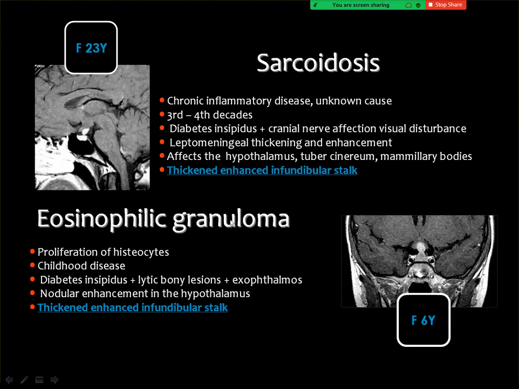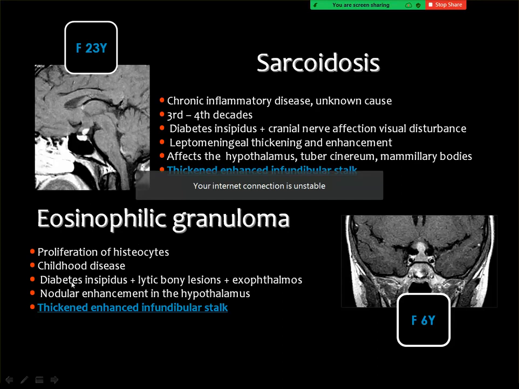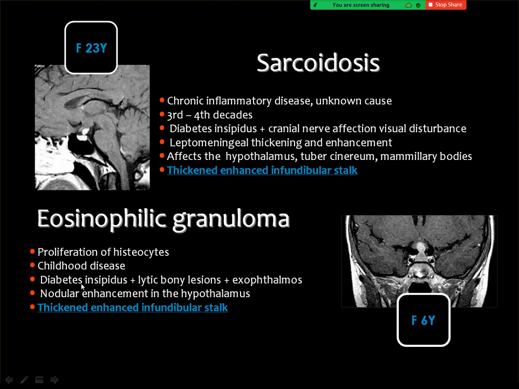The eosinophilic granuloma or Langerhans cell histiocytosis is a childhood disease, and it may be associated with lytic bony lesions in the skull, and both conditions, this sarcoid and this, will result in diabetes insipidus. Then, if you have a child with this appearance, you think of Langerhans cell histiocytosis. If you have a female postpartum, you think of lymphocytic hypophysitis. If not, you consider sarcoid.